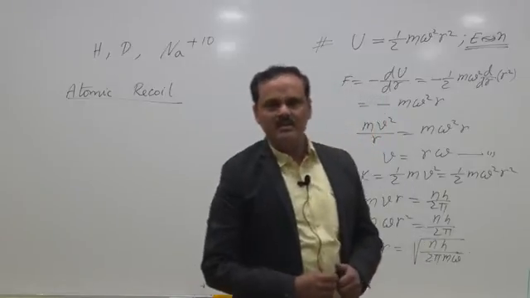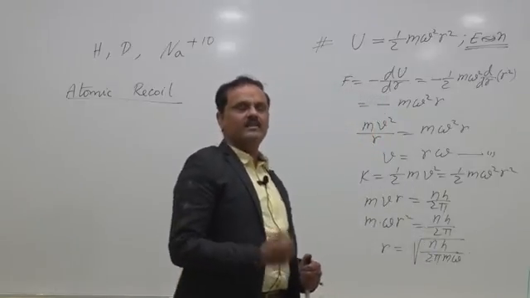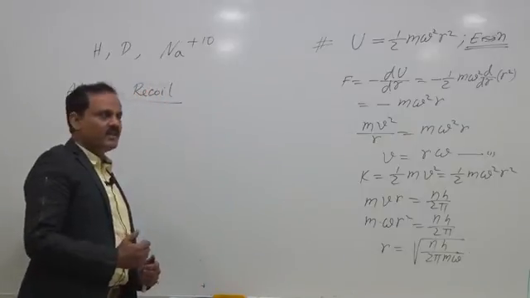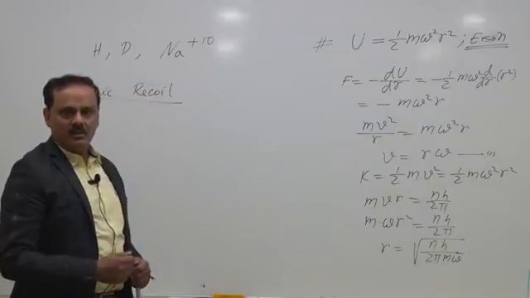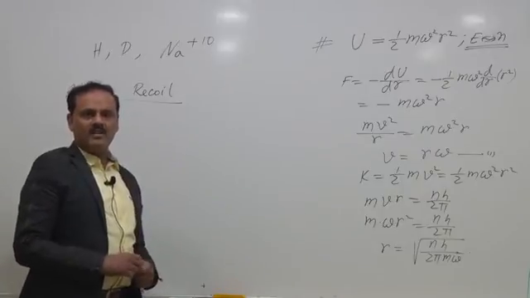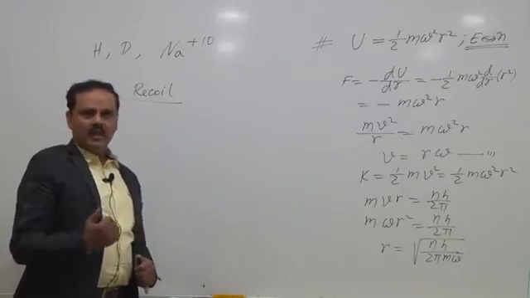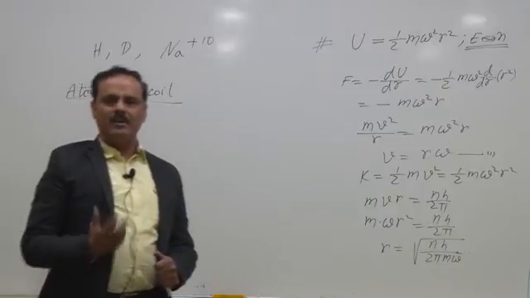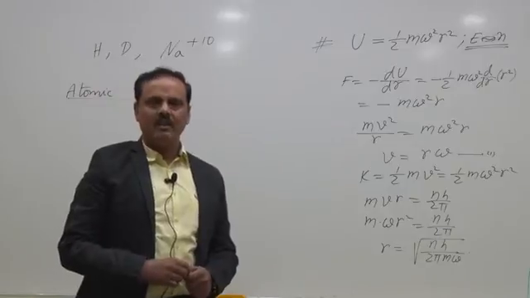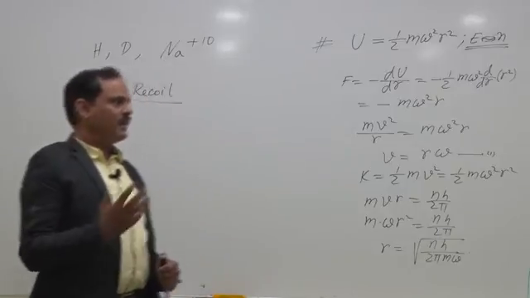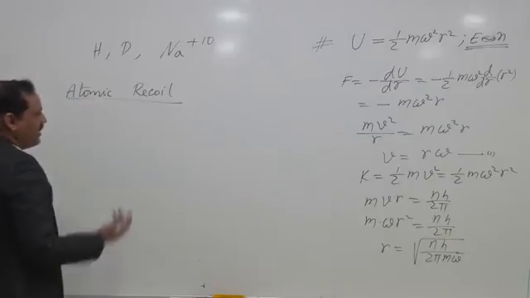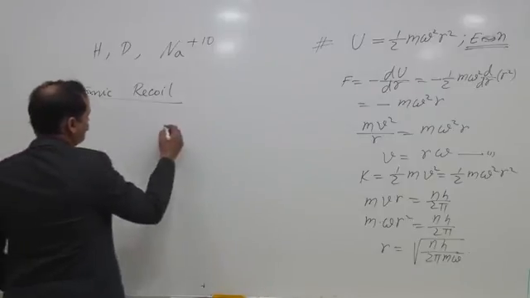The same thing happens when an atom de-excites and emits a photon, and we have previously seen that a photon has momentum. So the emitted photon carries some momentum, and from conservation of momentum, if the atom was initially at rest, it will gain equal and opposite momentum and move back, that is the recoil.